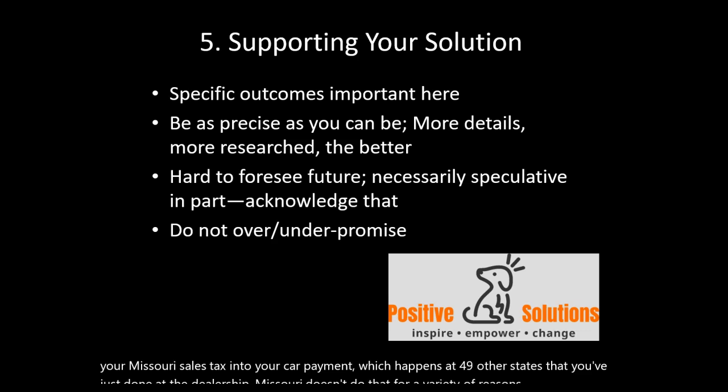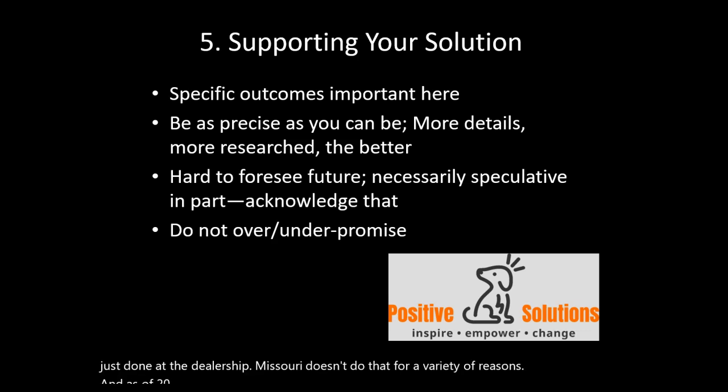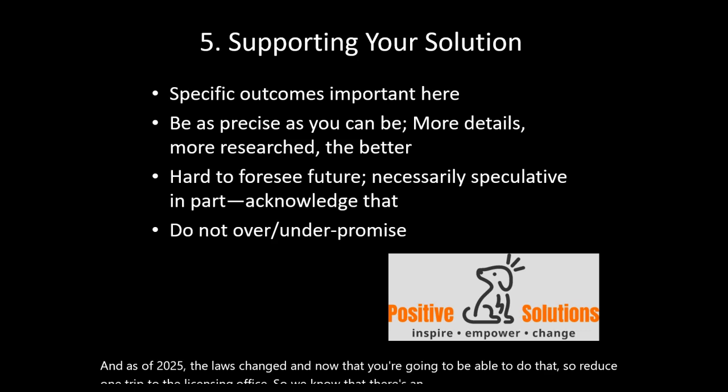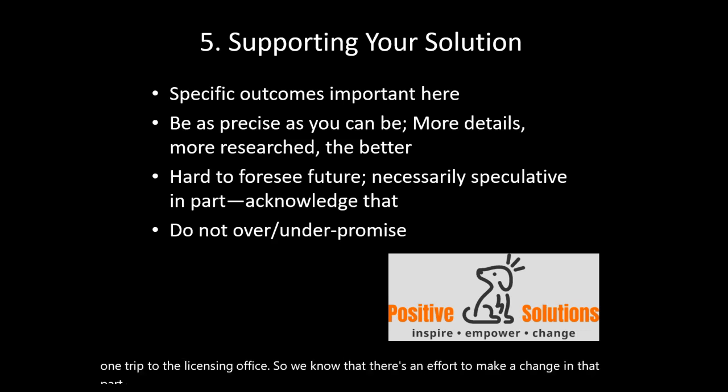And as of 2025, the law has changed, and now you're going to be able to do that. So that reduces one trip to the licensing office. So we know that there's an effort to make a change in that part of the licensing world. Are there other changes that your solution fits into that might help us with that process?